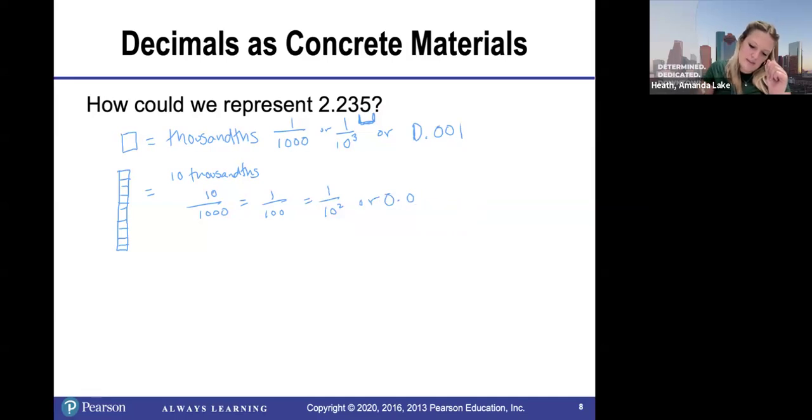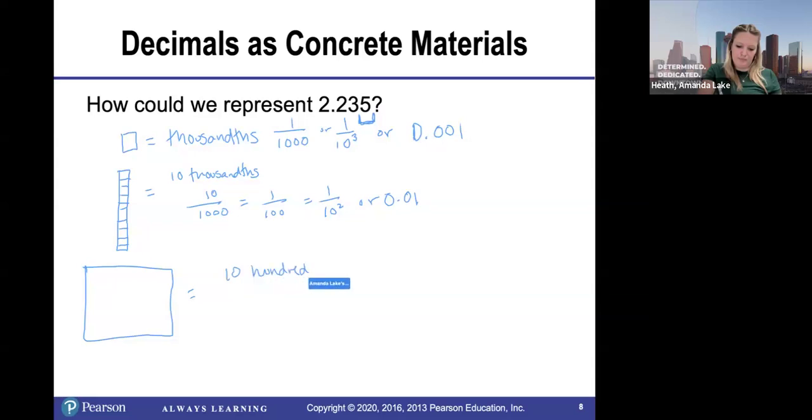Or that second decimal place. Then our big block, our big square, excuse me, is going to be 10 hundredths, which makes 1/10.